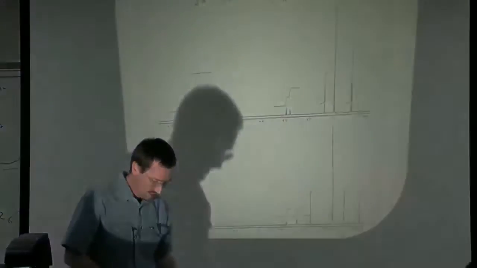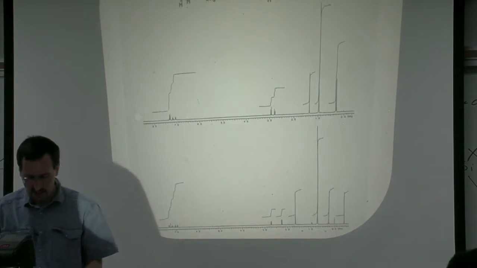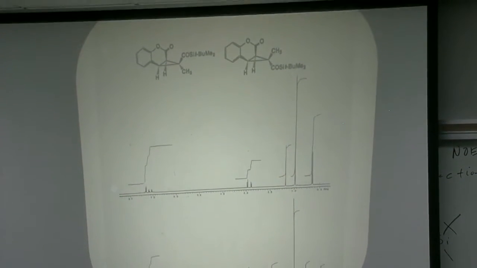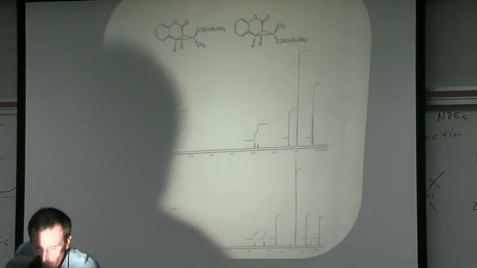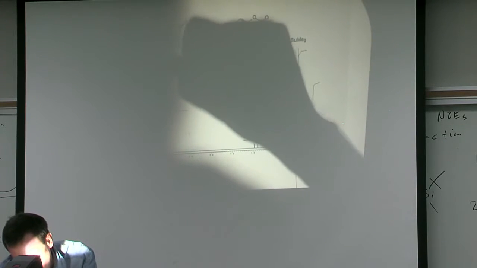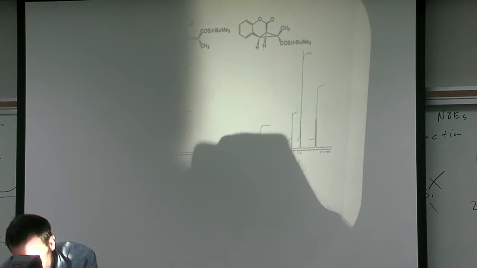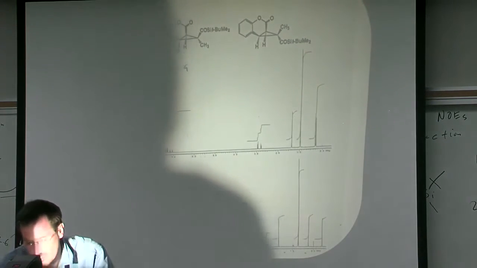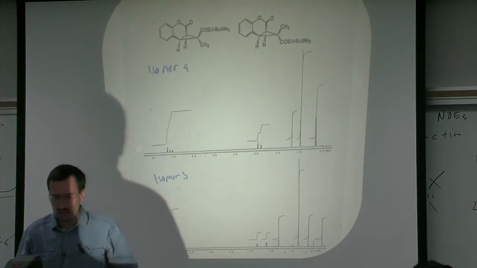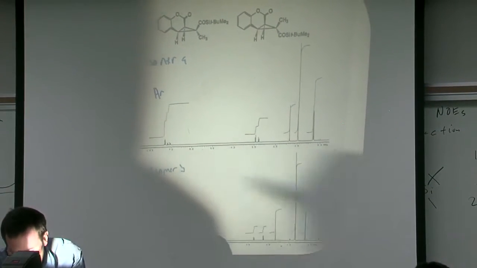All right. So we have these two diastereomers, and now we'll call them isomer B and isomer A. And just to get our bearings straight, the region around 7 parts per million is the aromatic region in each of these.